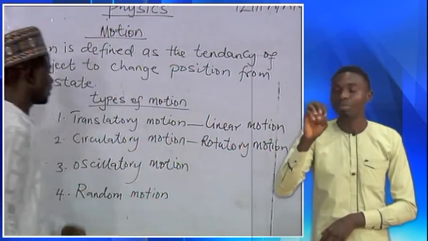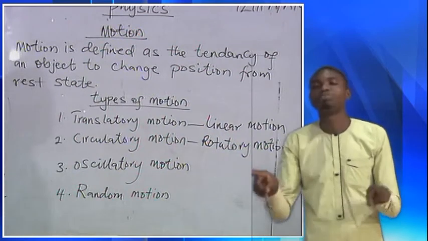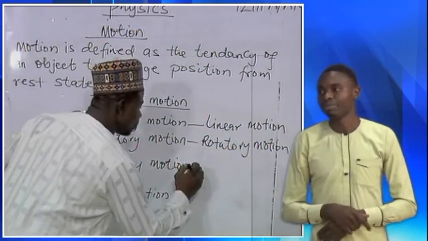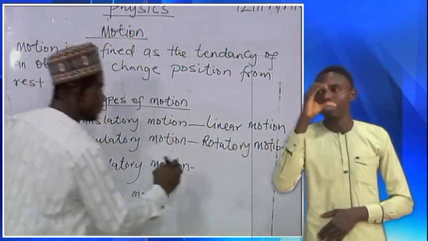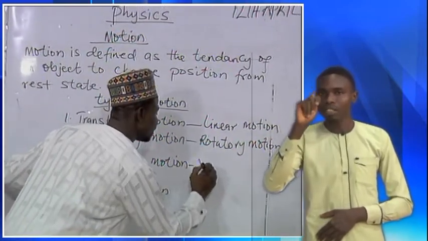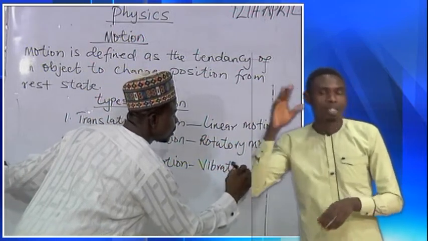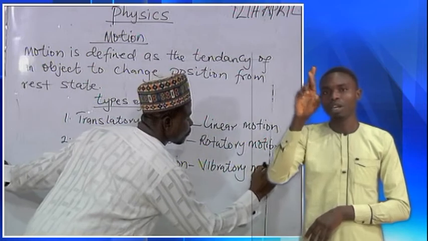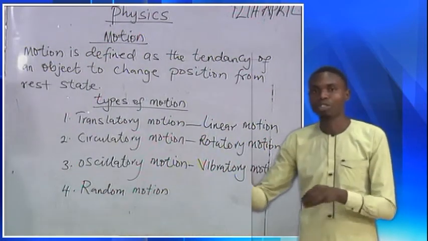You either say circulatory motion or rotatory motion. Oscillatory motion has another name also, vibratory. Oscillatory, vibratory motion. Vibratory what? Motion. Viewers, are we learning?